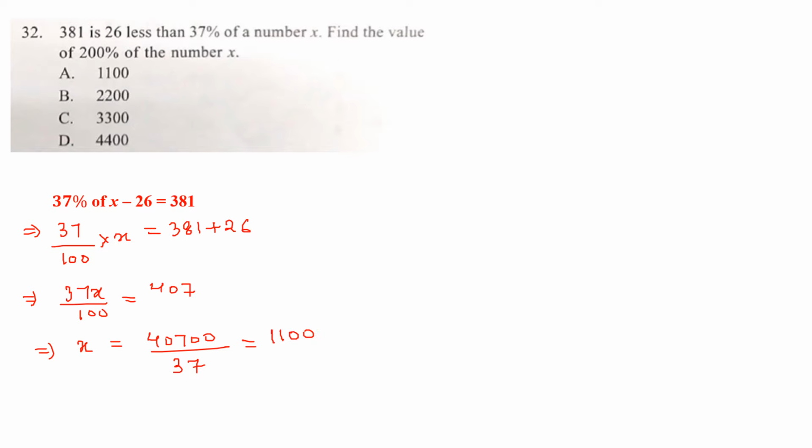Okay, so what you have to find is 200% of x, and 200% is 200 divided by 100 into 1100. So you cancel out and you are going to get the answer as 2200. So the correct option is option B.